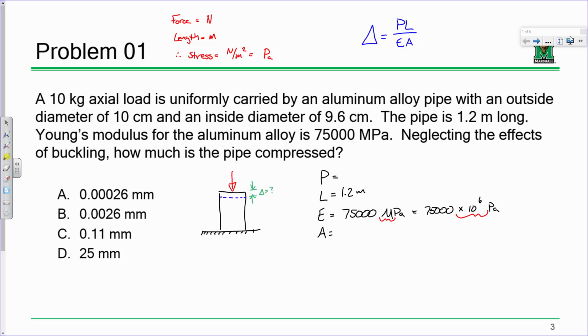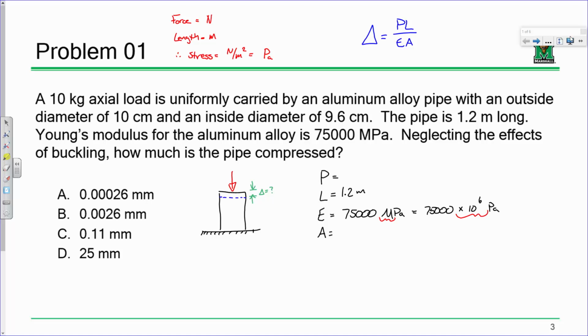Okay, what about P? Do we know what P is? The 10 kilograms, that's a mass, right? We need that load to be expressed as a force, right?